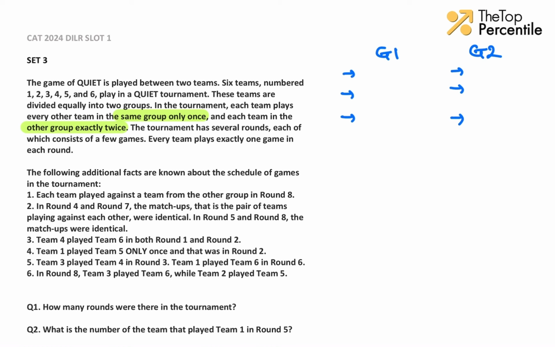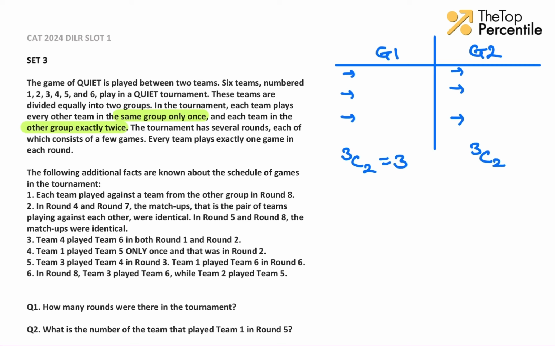Okay, so for the first group, I have three teams. So the number of matches they'll play will be 3C2. Okay, I have three teams. Each team will play against each other. Two teams will play against each other. So I have 3C2. This will give me three ways. So I'll have three matches in group 1.